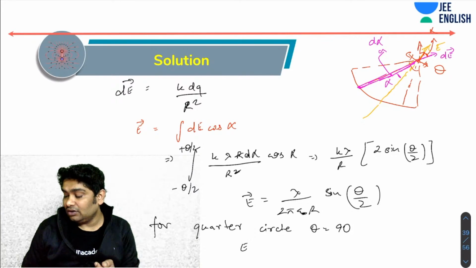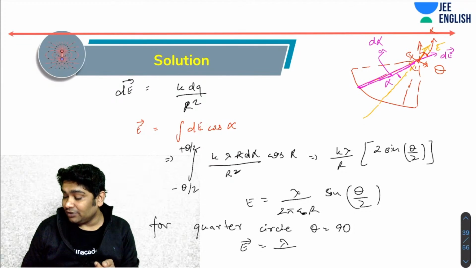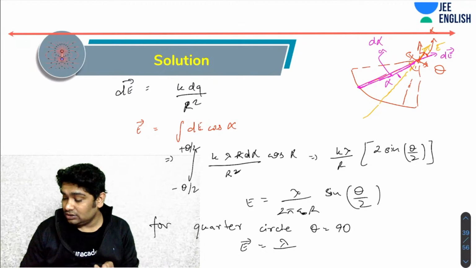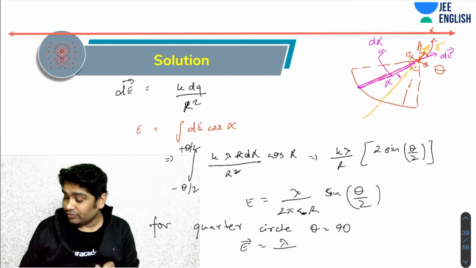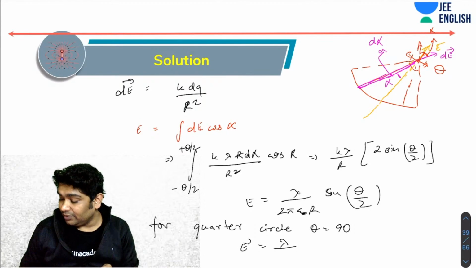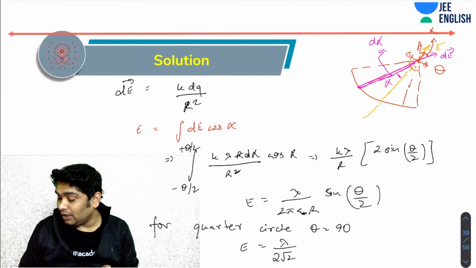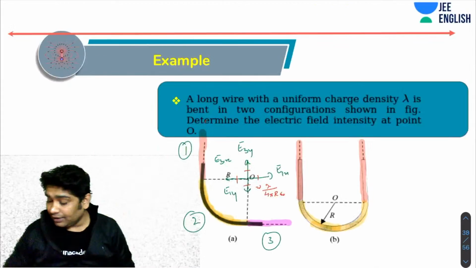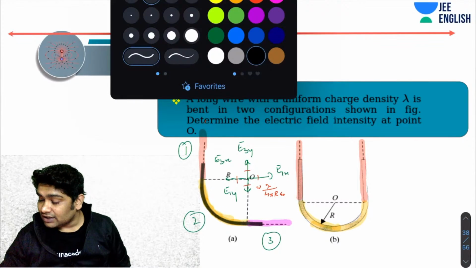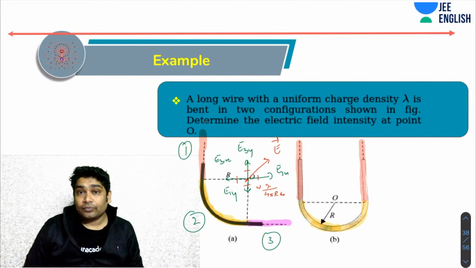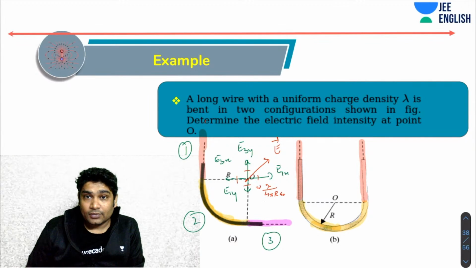So E would be lambda over, and let's only write the magnitude because we're not specifying the direction, lambda over 2 root 2 pi epsilon naught r. That will be your answer. And I know by symmetry, the net E would be directed in this direction. This is the E vector's direction. Okay.